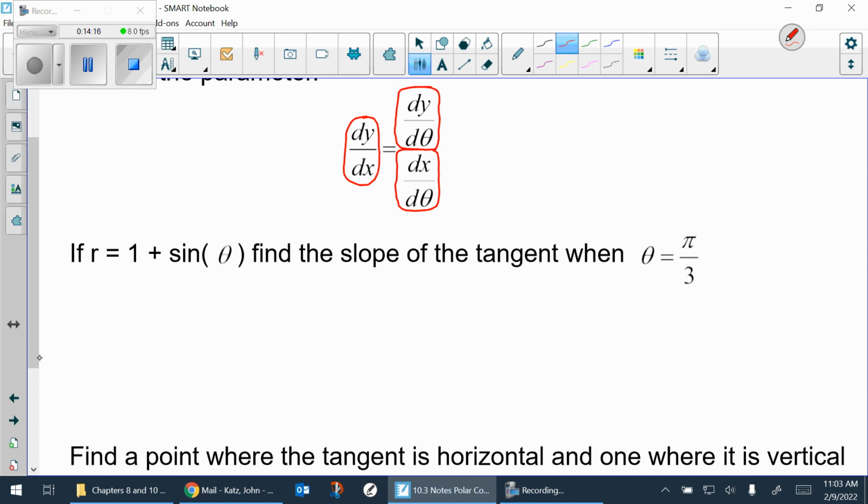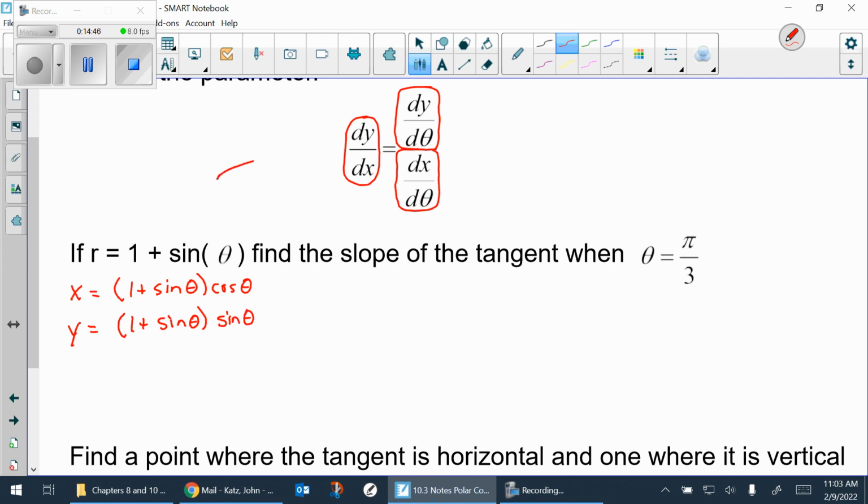Find the slope of the tangent when theta is pi over 3. Well, x is r cosine theta, and y is r times sine theta.